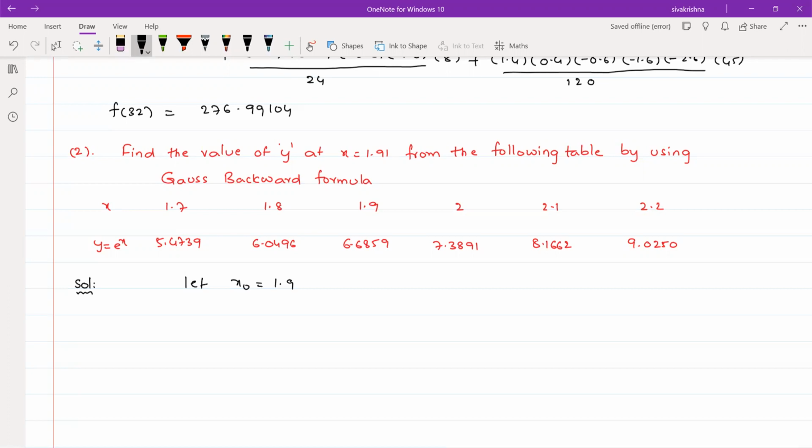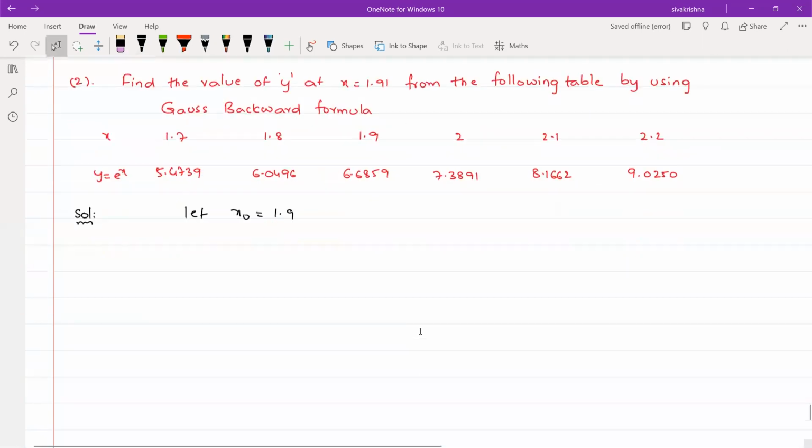You can choose either the left side value or the right side value as x0. If you have any doubt, some of you may try by choosing x0 as 2. Then also the answer should be the same. I am choosing x0 as 1.9.